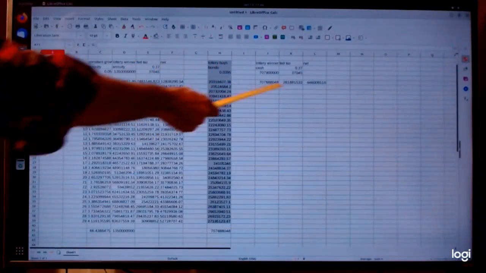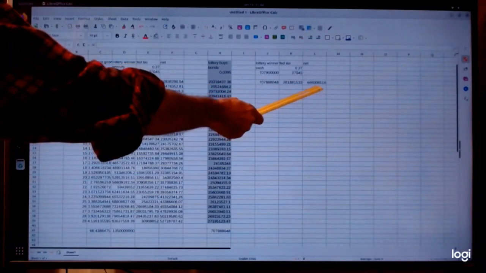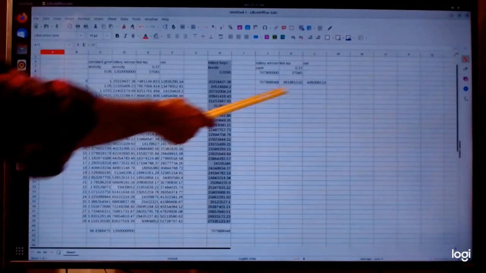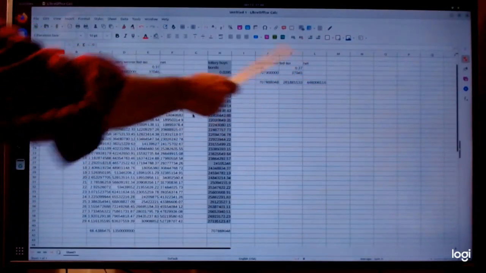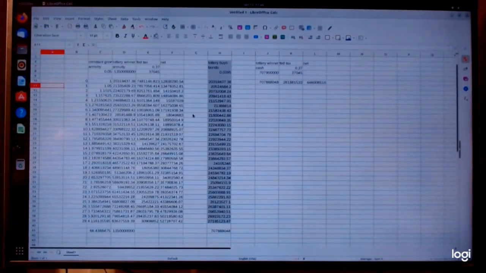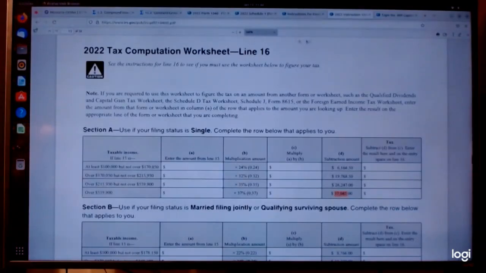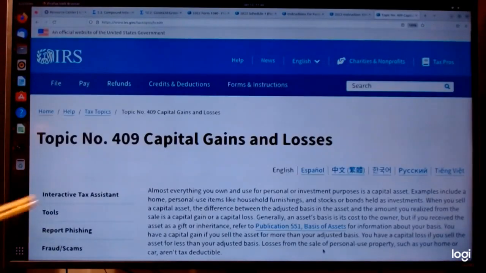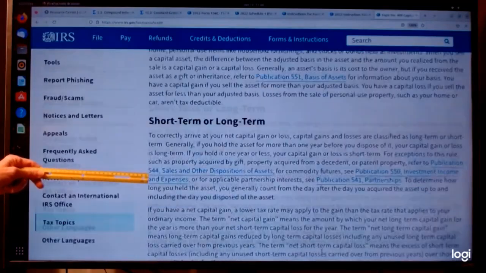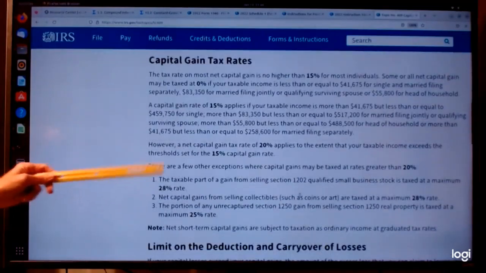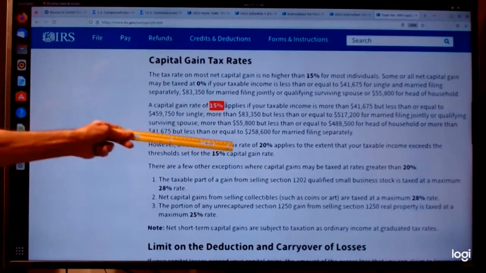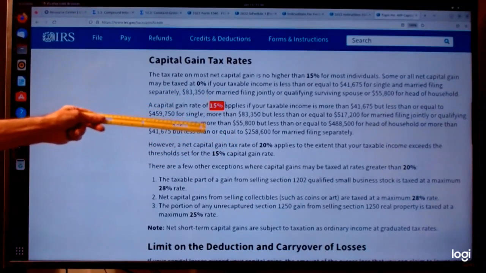Now, why do most all of the big winners choose the cash payment? Now, I'm not really the person to ask, but if we look at the IRS capital gains and taxes, see, the capital gains is only 15% for your long-term gains.